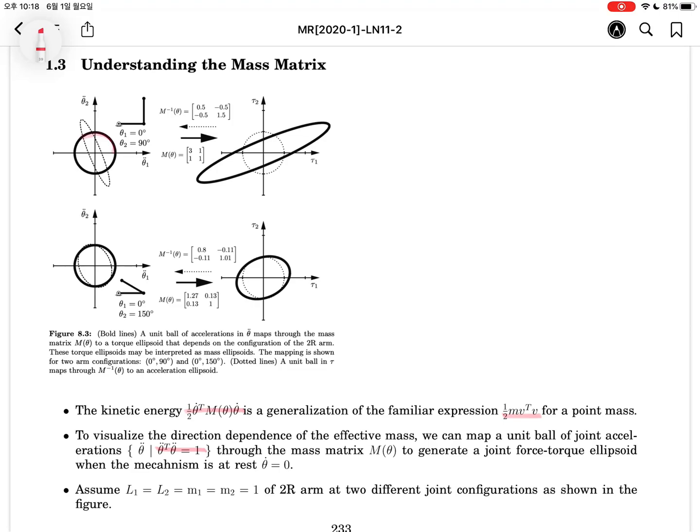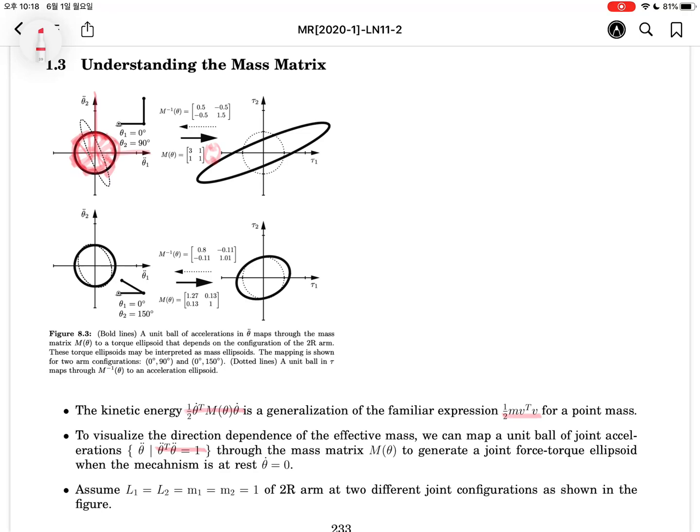If you choose theta 1 dot squared plus theta 2 dot squared as a unit circle, you can take any value on the surface of the unit circle, according to the angle, using the same radius, and multiply it by the inertial matrix.